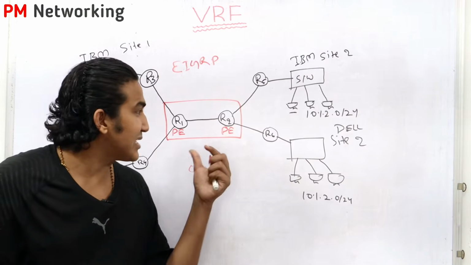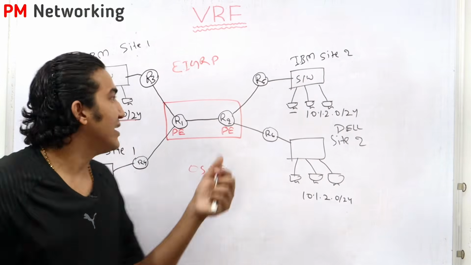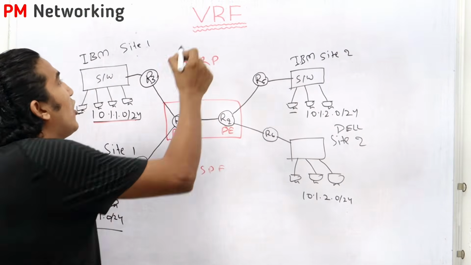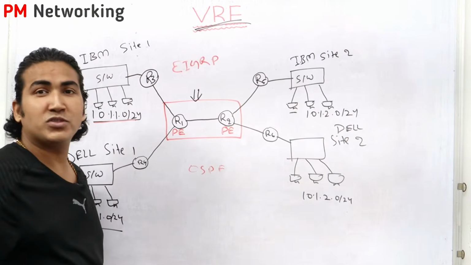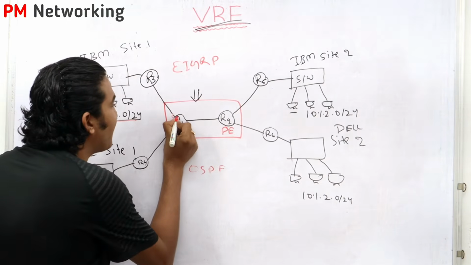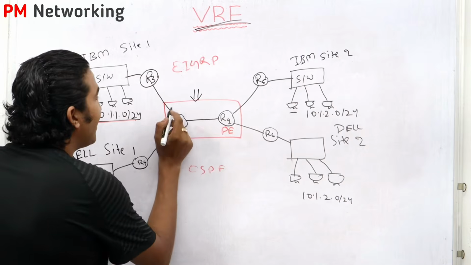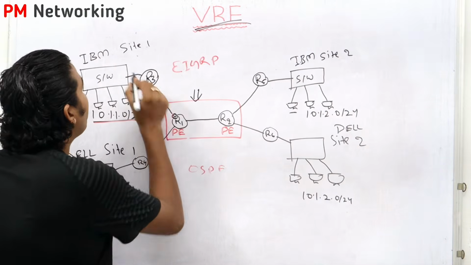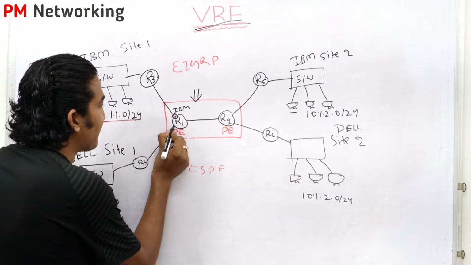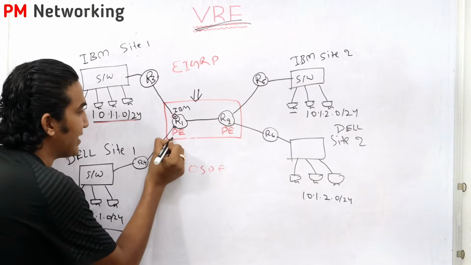So as I am a service provider, in this service provider network we will use a technology called VRF. Why will we use VRF? We will put this interface in different VRFs. This interface is, let's say, the VRF of IBM, and this interface is the VRF of Dell.